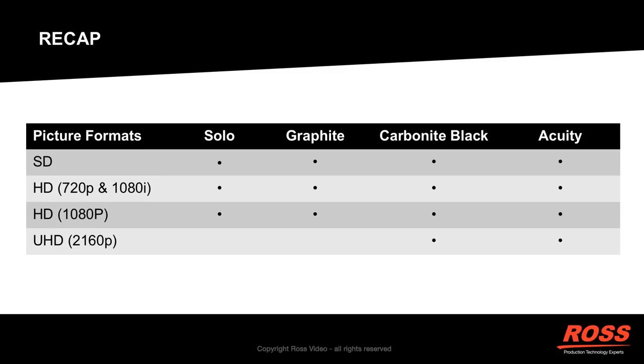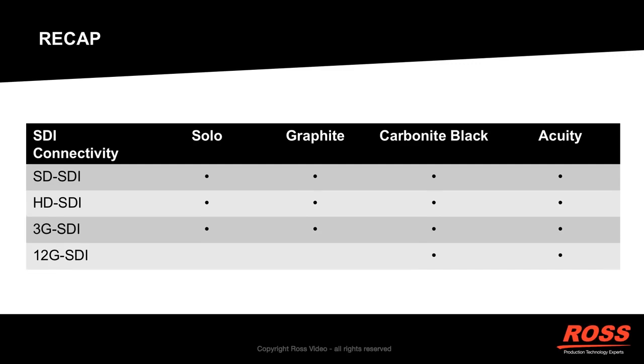So a quick recap of the picture formats within the production switchers. Even the small Solo handles 1080p, Graphite handles up to 1080p, the Carbonite Black series and the Acuity, of course, go all the way up to 2160p.